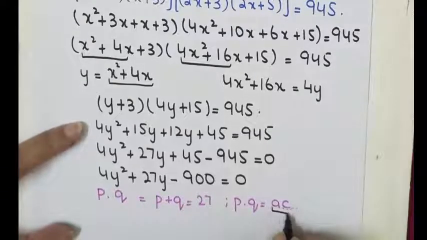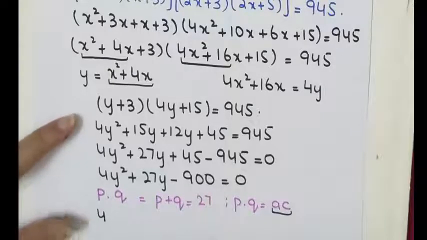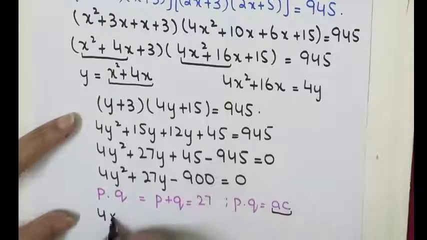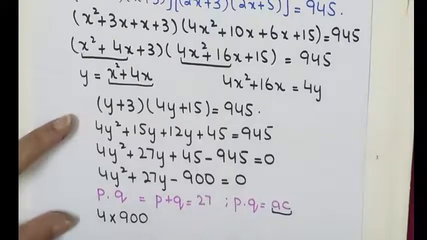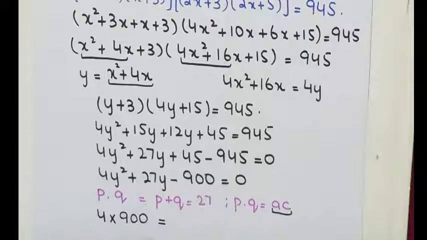So what is the value of AC? Our value of A is 4 and C is 900, right? So this is very difficult to find the pairs of this term.